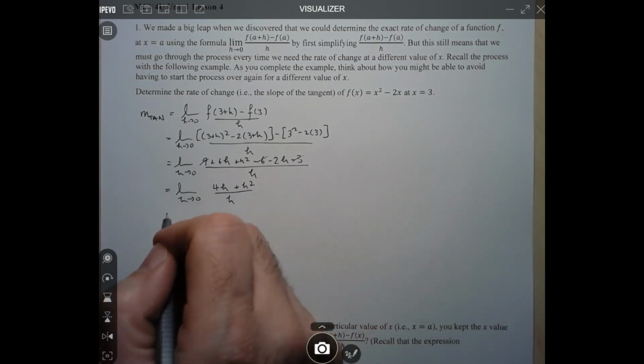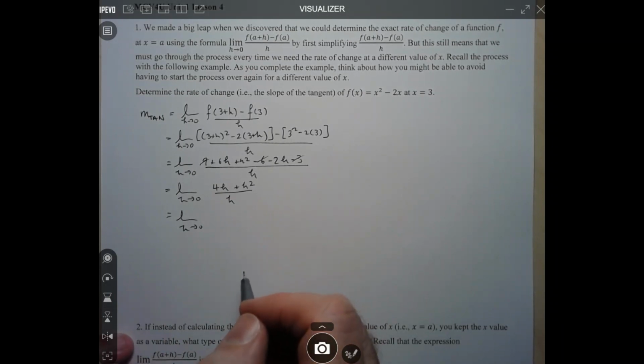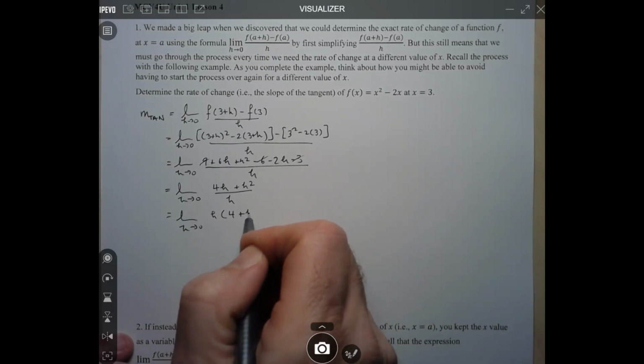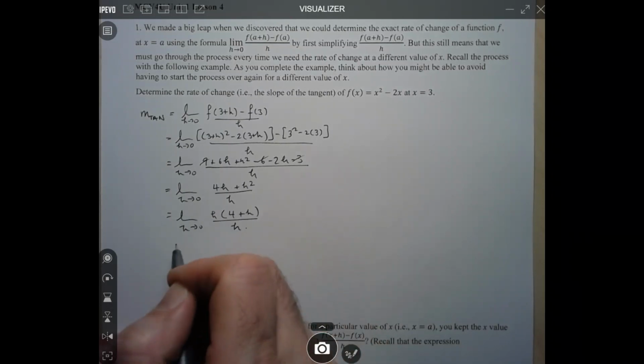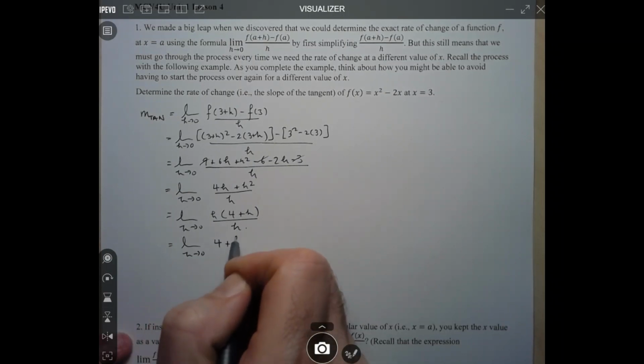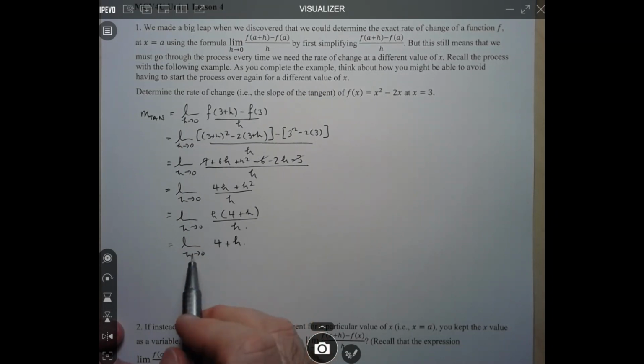This is now looking very promising, because I can factor out the h in the numerator, and I've accomplished what I was hoping to accomplish, which was to be left with an expression for which I can determine the limit easily. As h approaches 0, 4 plus h is just going to approach 4.